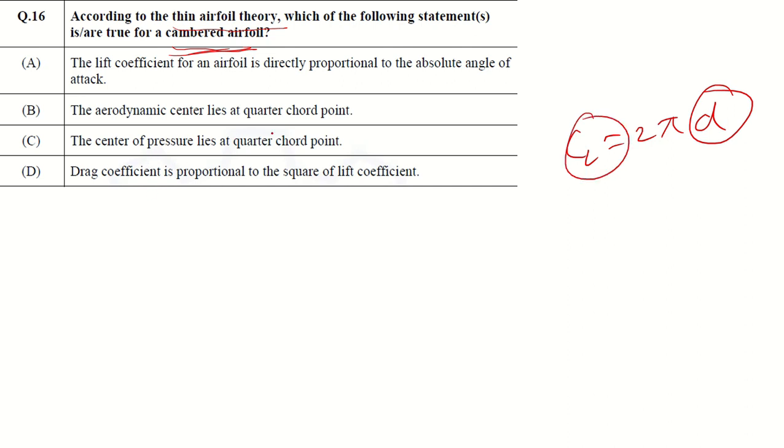The aerodynamic center lies at the quarter chord, C/4. So A and B is the right option. The center of pressure lies at the quarter chord, no, and the drag coefficient is proportional to the square of lift coefficient, no. So only A and B are the right options.